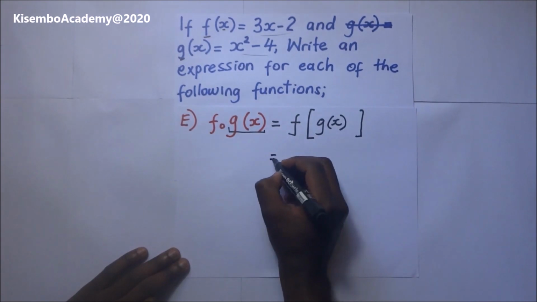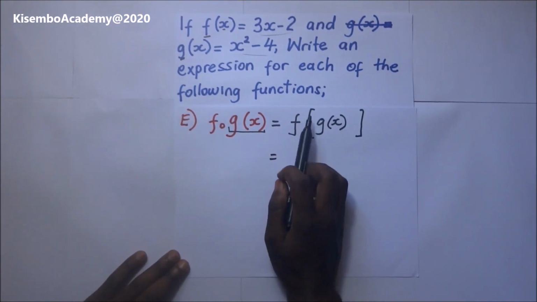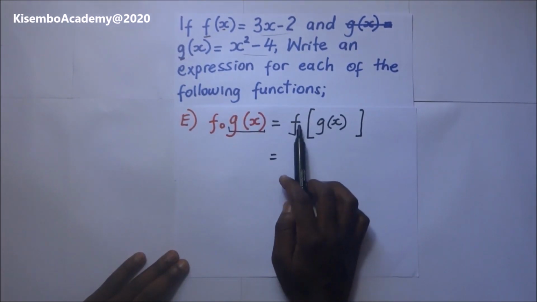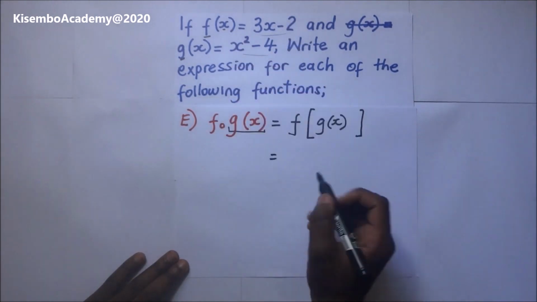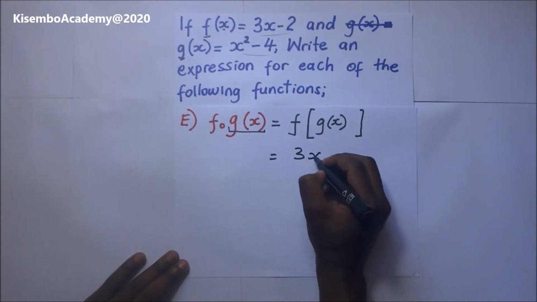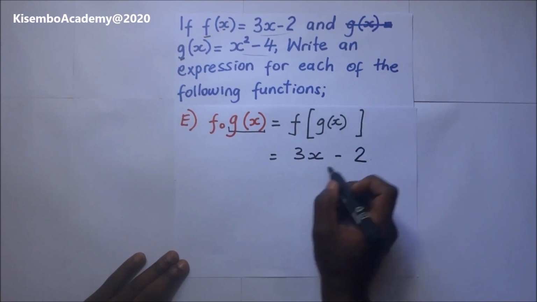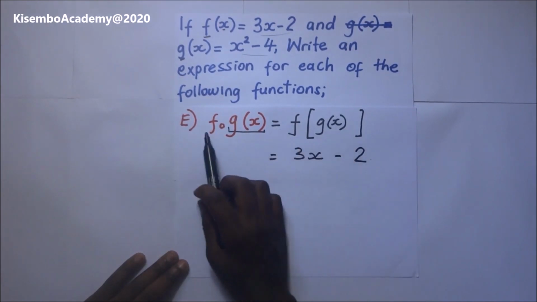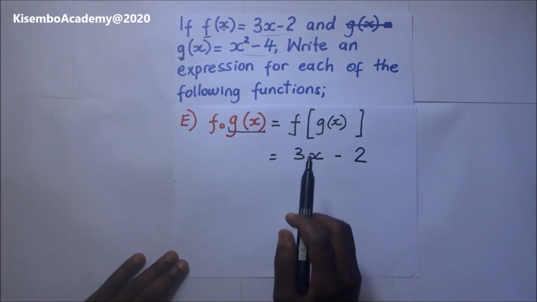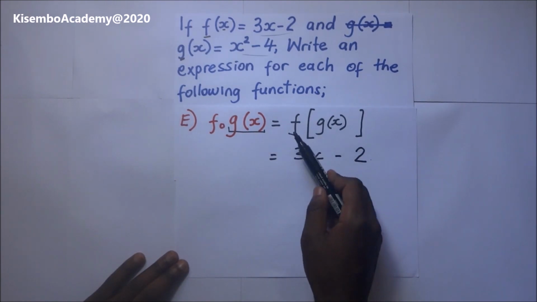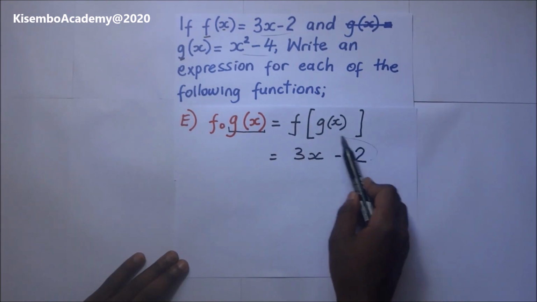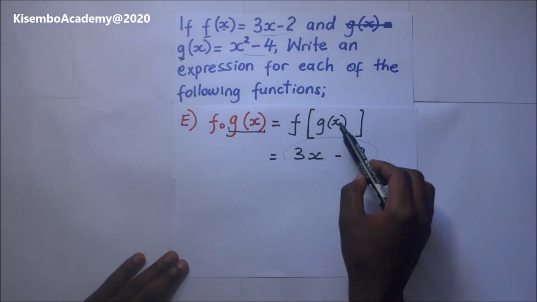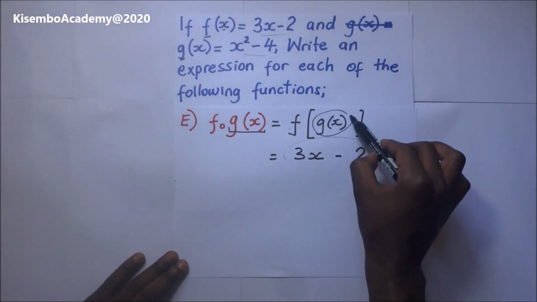So what is our function of x, for example? Our f of x is 3x minus 2 right there. That's our function f of x, where x is the variable. According to this composite function, the input value is another function.